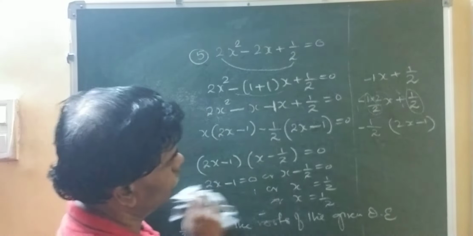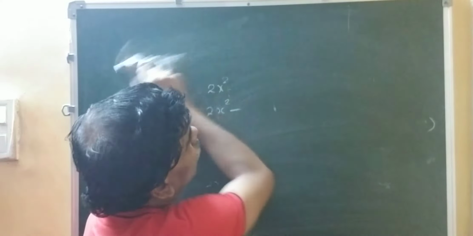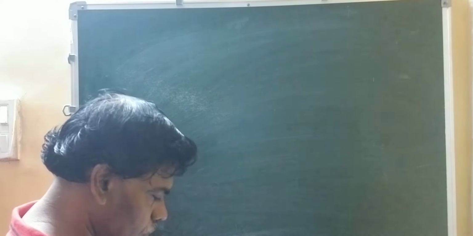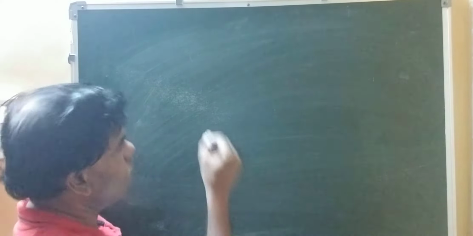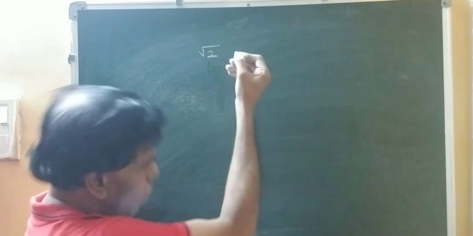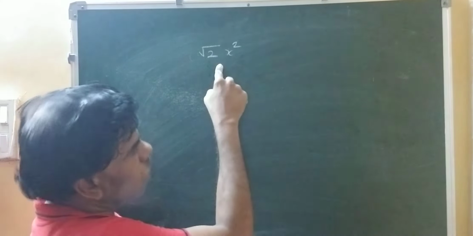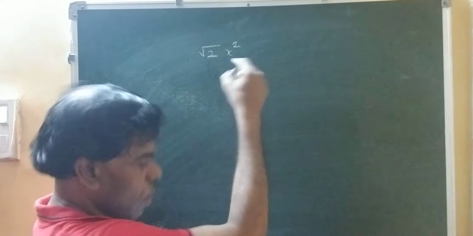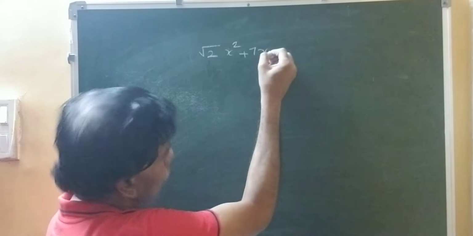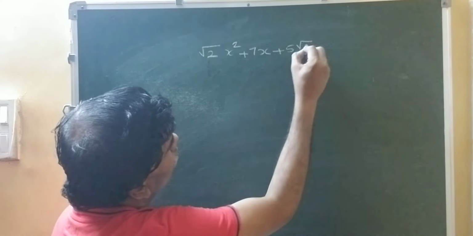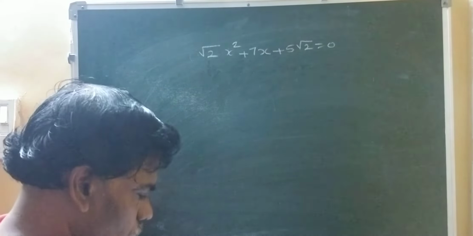Now next one, complete the following activity to solve the quadratic equation: root 2 x square plus 7x plus 5 root 2 equal to 0.